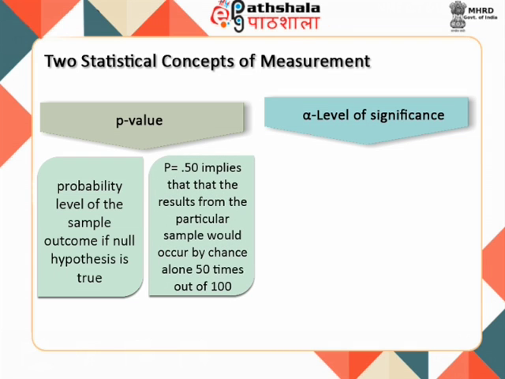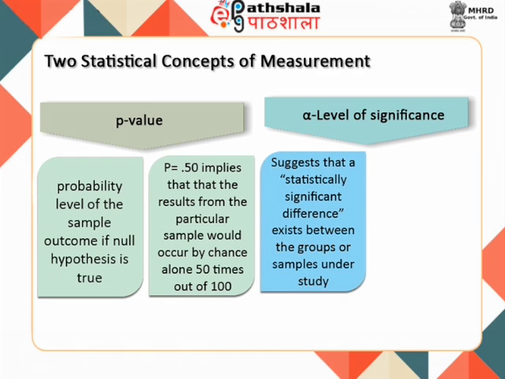If the p-value equals 0.50, then this can be interpreted that the results from the particular sample would occur by chance alone 50 times out of 100. Alpha level of significance is the criterion with which a researcher can claim that a statistically significant difference exists between the groups or samples under study.